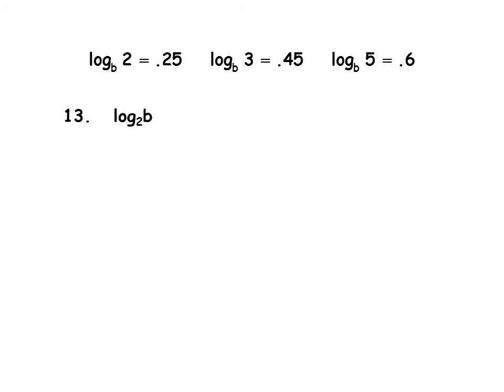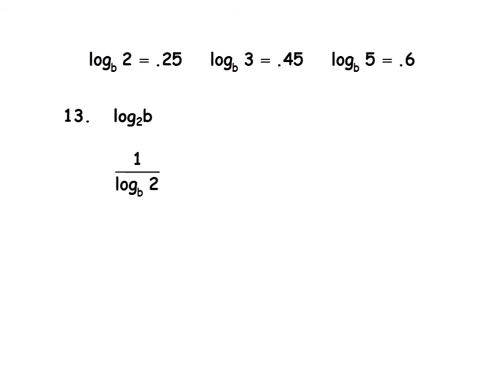All right, the log 2 of b. Now this one's a little tricky because the ones we are given have the log of b, and this is the log of 2. But if you remember, when we talked about the laws of logs, there was one that I said we're always going to forget, and a way that you could switch these two.